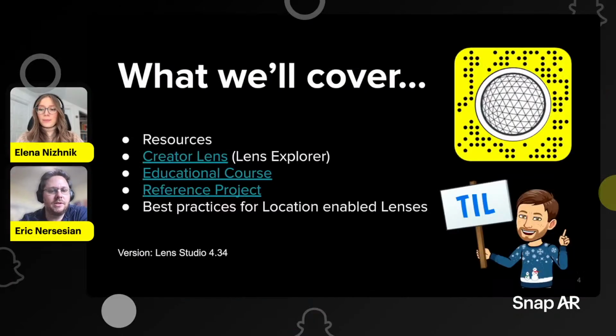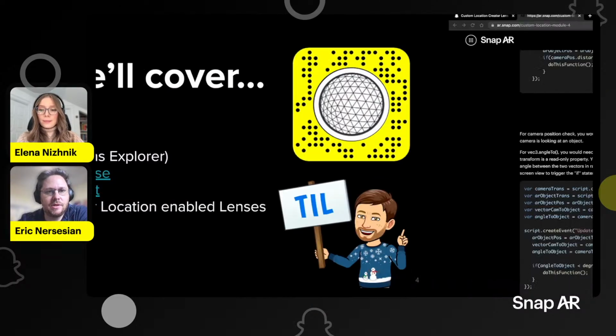In a few weeks, this is actually going to be our template project. Our current template project was from the first iteration of custom locations, and we've greatly improved the template project, which is essentially what I just showed you. I'm just sharing the link again in the chat. This link here, the reference project and educational courses.